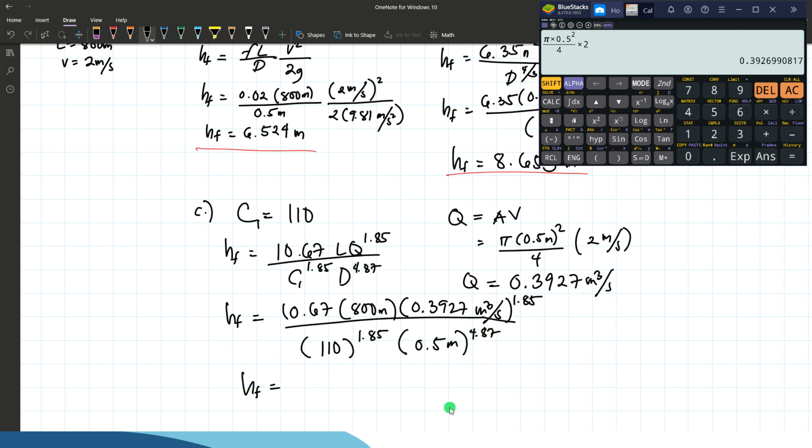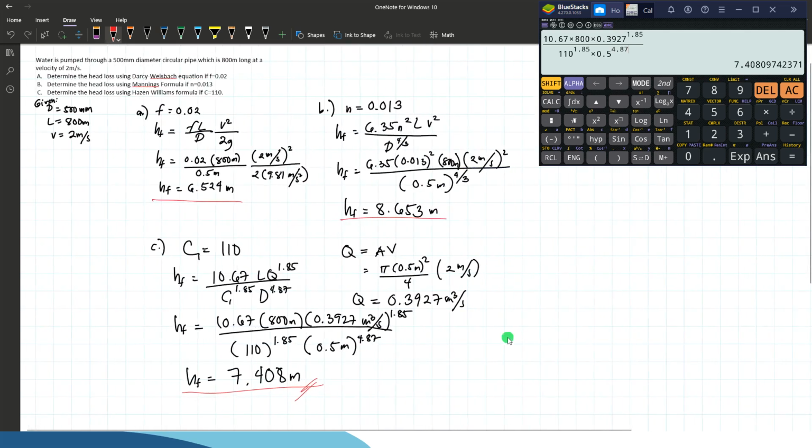So hf is equals to 7.408 meters. Alright, so that's how you solve the head losses using the different formulas that we use in this problem.